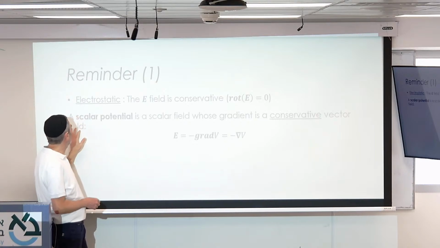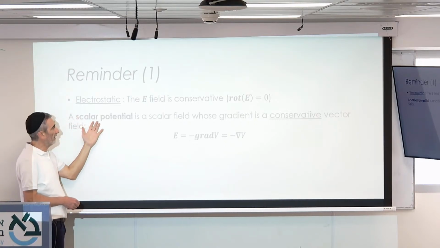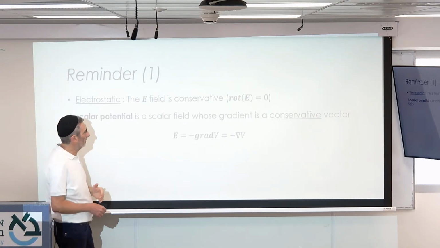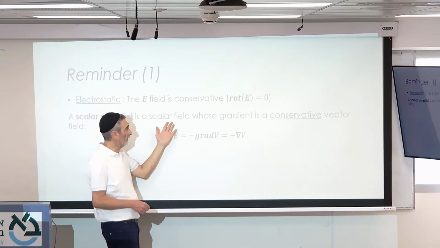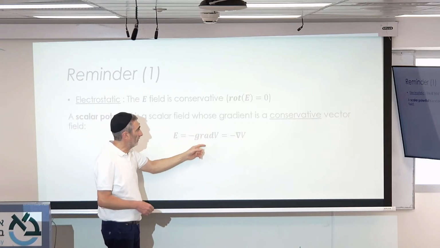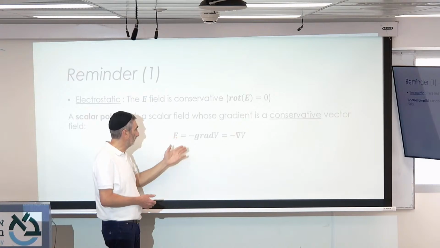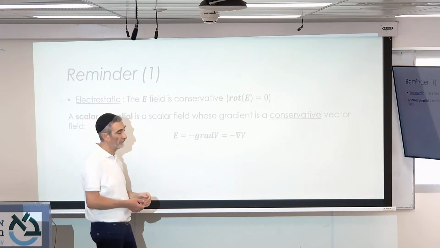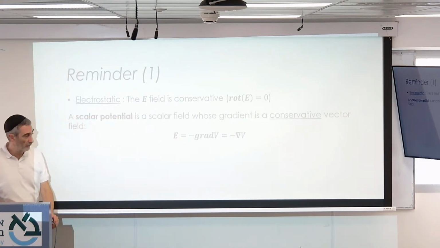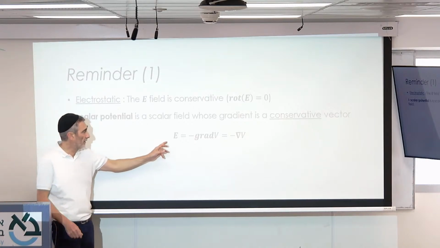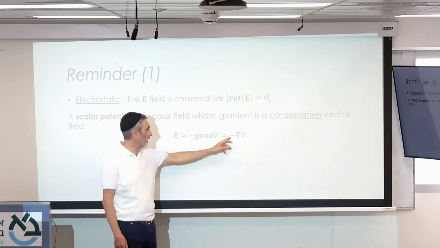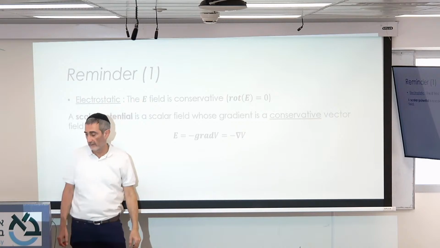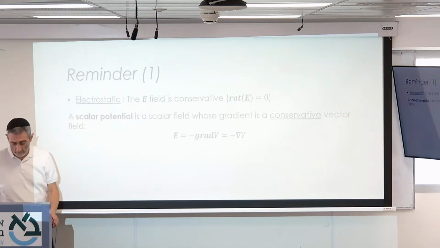That means you can define a scalar potential, a scalar field, whose gradient gives the electric field. So E is minus the gradient of V.